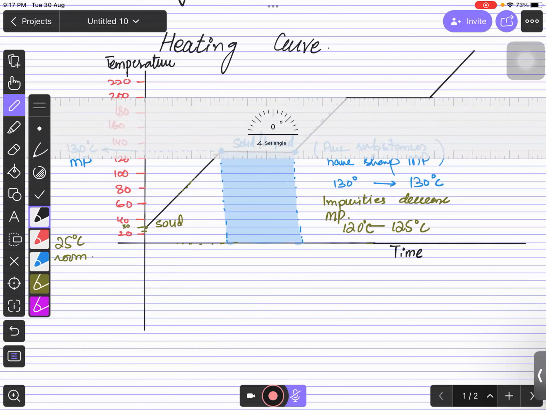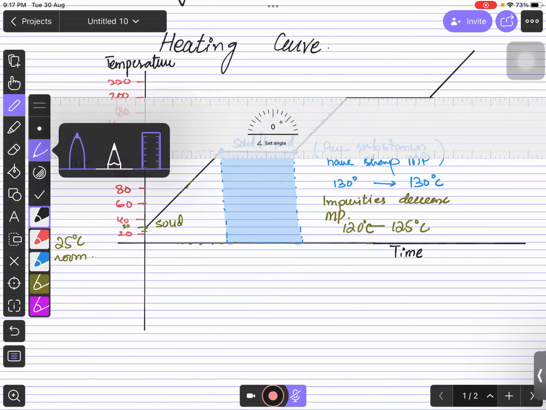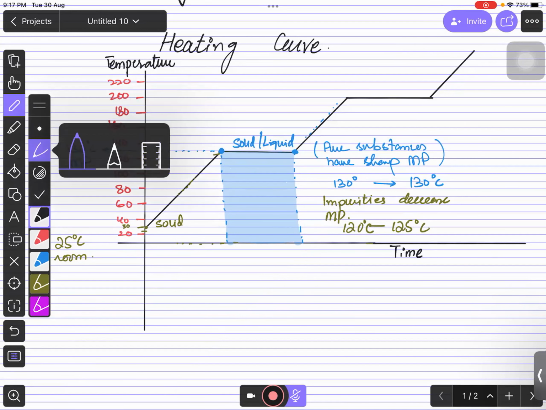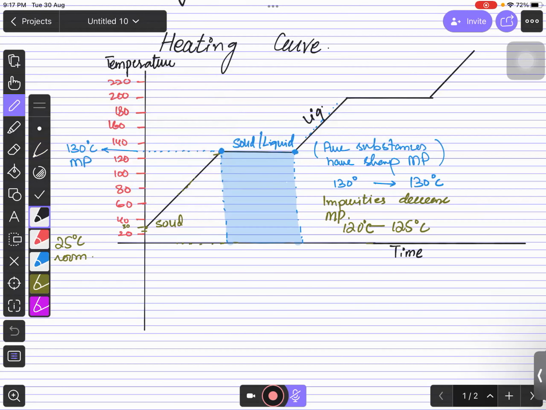Right? So you can see over here, right now this is completely converted into liquid. Over this point it is going to convert into liquid and gaseous state, and over here it is completely gaseous, right?